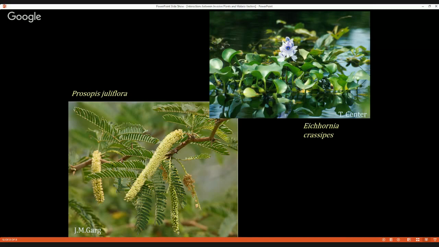Something like water hyacinth might have an impact on the shores of Lake Victoria, but that's probably a minor area for malaria mosquitoes, because they'll breed anyway in rain puddles or temporary water, Coke cans, small containers, buckets.